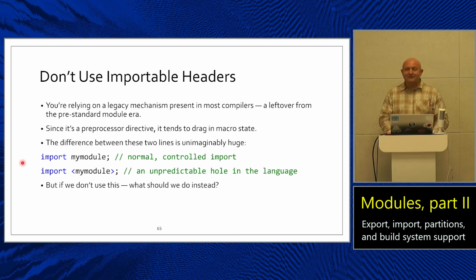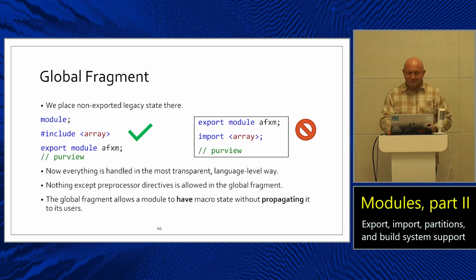But then, how do we actually bring in include array? We still want to use std array, right? We still don't have import std, at least for free. And that's exactly the question that led to the proper modern solution. And the proper modern solution, of course, is the global fragment.